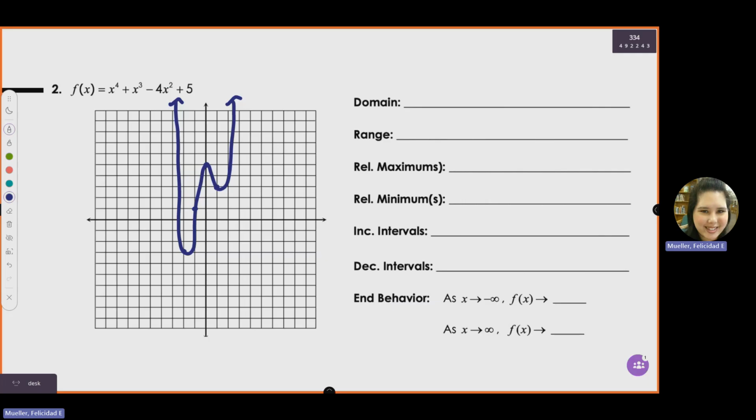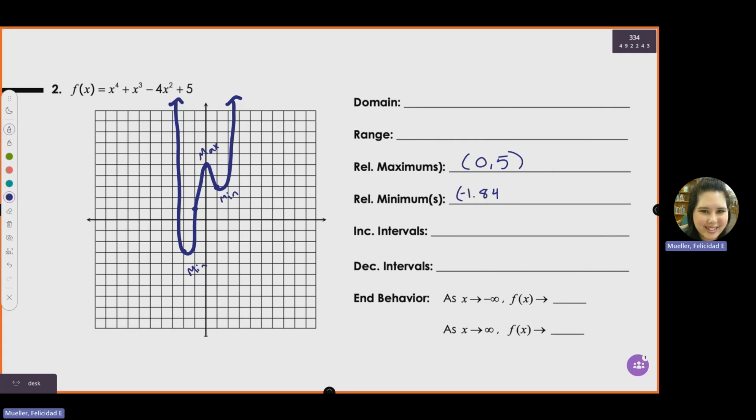But there are a couple of things that we want to go ahead and look at. We're going to write down our relative min and maxes since we just needed to click those. We have one max at 0, 5. So this here is a max. This is a min. This is a min. So we have two minimums. -1.84.